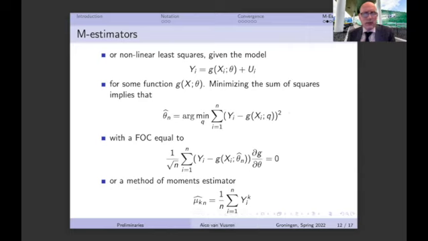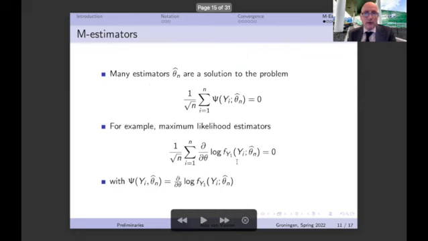That means of course nothing else than that we look at the first order condition. This is the first order condition of this minimization problem, and also here we immediately see that this is a special case of the general problem that we have over here.